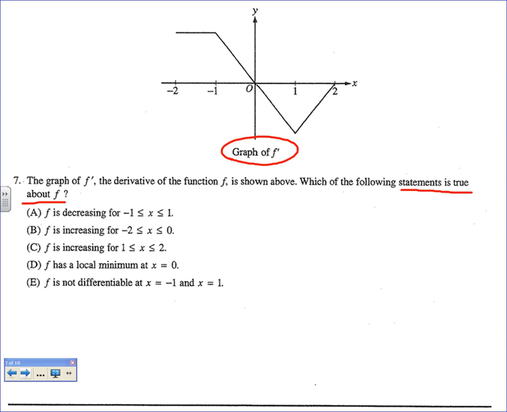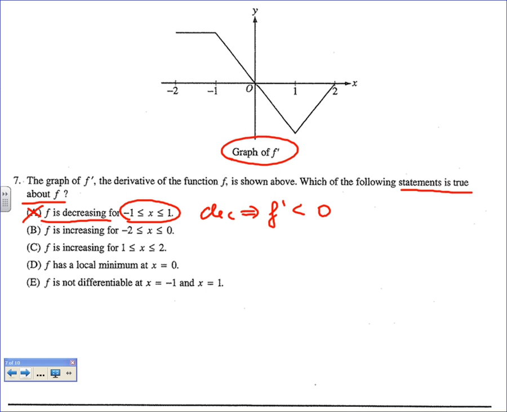For instance, when it says the function is decreasing on this interval, decreasing implies that the derivative has got to be negative. In that interval, the first part of it, from -1 to 0, is positive, and only after 0 does it become negative. So it can't be A.